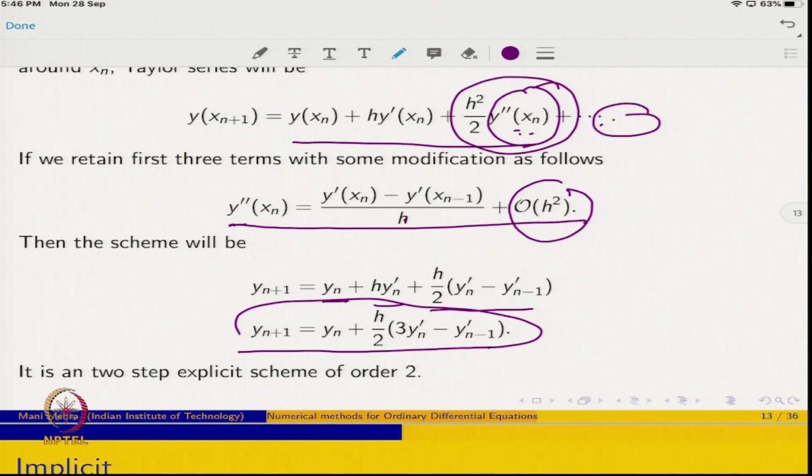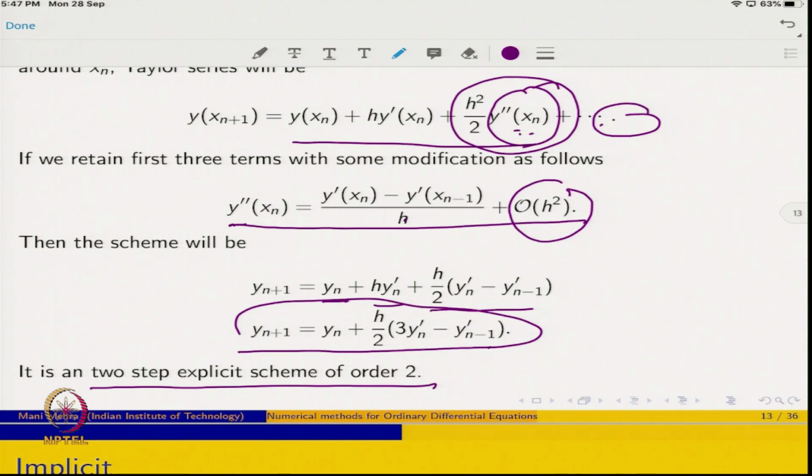In my opinion, it is again an explicit method, because the left hand side contains yn plus 1, while the right hand side does not contain any terms which involve y at n plus 1. So, it is again an explicit method, but here the cost I am paying to achieve a high order explicit method is that it is a two step explicit scheme of order 2.